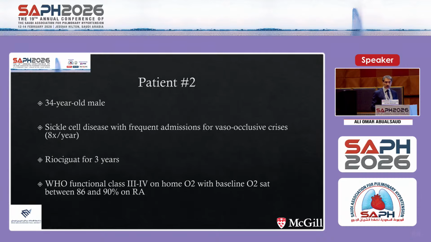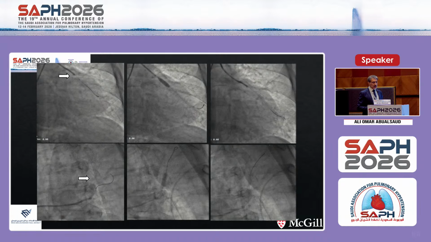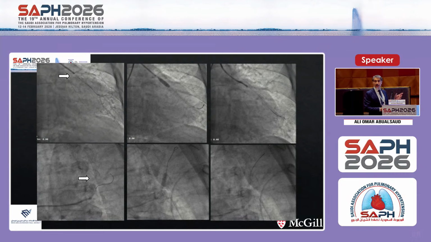Another patient, 34-year-old, sickle cell disease, also recurrent crises, on riociguat for 3 years, but has been having symptoms for a long time. On home O2, he came to us from far away, but he has very nice proximal CTEPH.